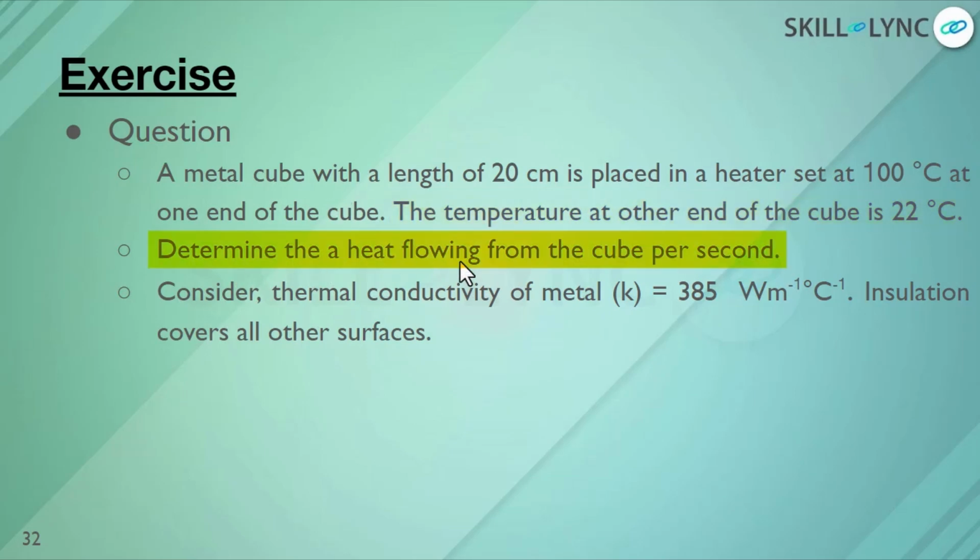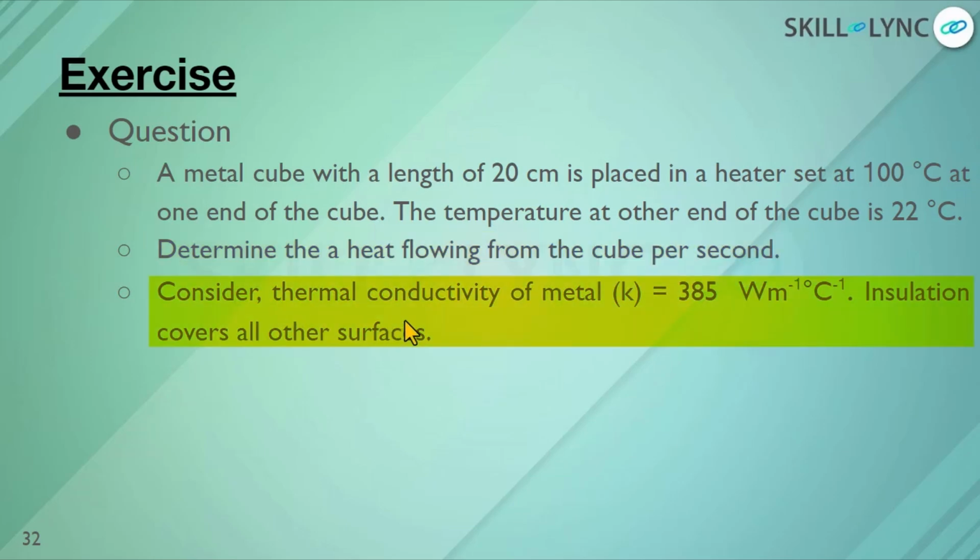Determine the heat flowing through the cube per second. Also consider the thermal conductivity of the metal to be 385 watt per meter per degree Celsius. Here insulation covers all other surfaces.